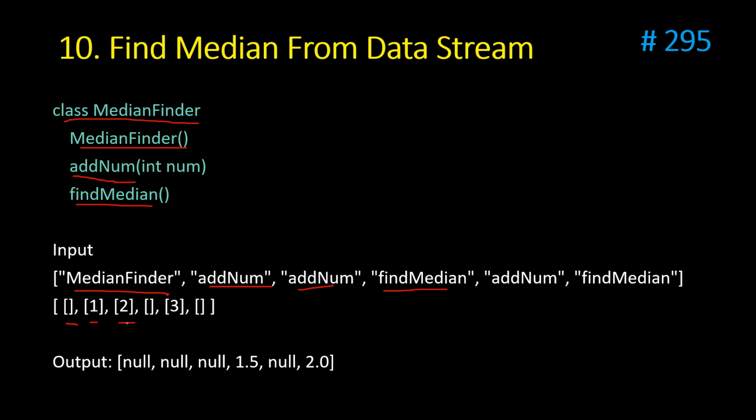Till this point we have 1 and 2, so the median is 1.5. Then again we add 3 and call median again. So 1, 2, 3, the median is now 2. You can use a heap here to keep track of the running median. I will not go into the detail of the solution, but you can think along that line. And this is LeetCode problem number 295.